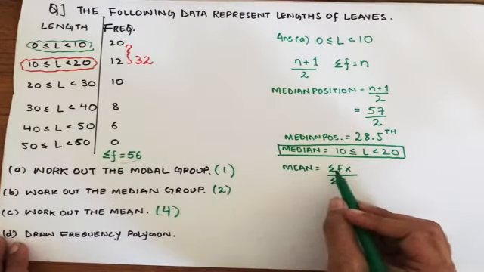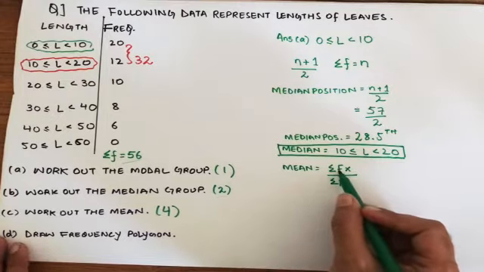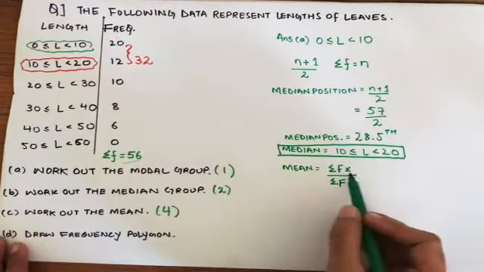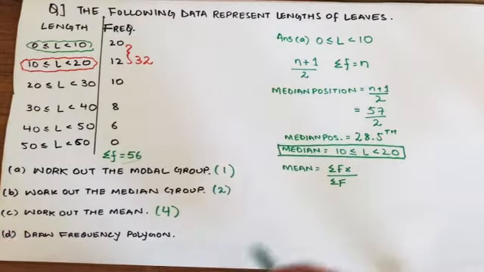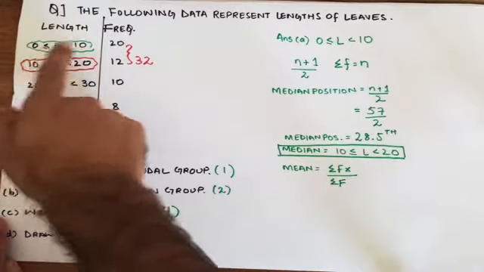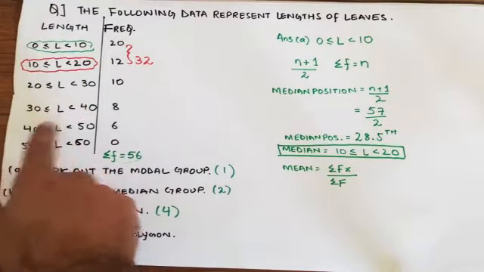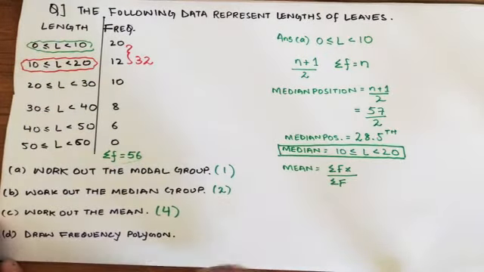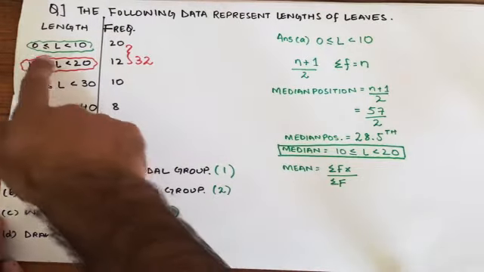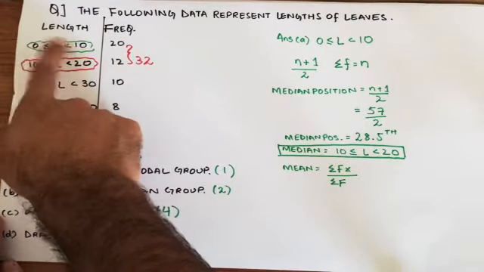What we don't have is fx. So what is fx? F is the frequency. What is x? X is the midpoint of your data in case of class intervals. Obviously when you have groups like this, you need to find out their midpoint. So it is not much of a big deal. 0 and 10, what lies between them?